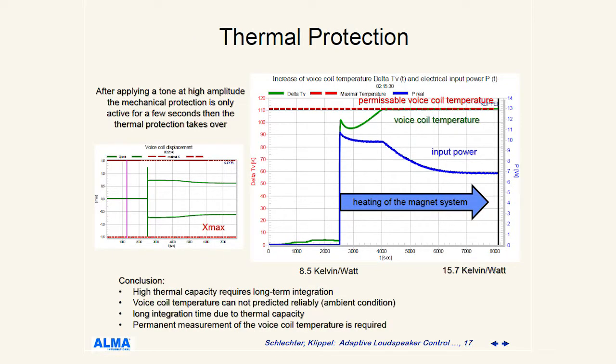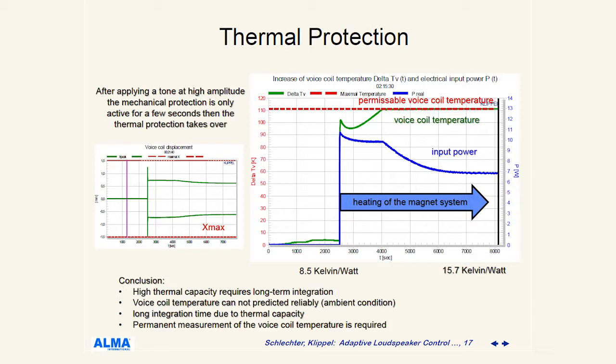Here you see an example of the thermal protection. For instance, if you play a sinus tone with high amplitudes, you're heating your driver very well. And here the sinus tone was switched on. And you see at first the voice coil temperature rises very quickly. Maybe in a few seconds it's getting very hot.